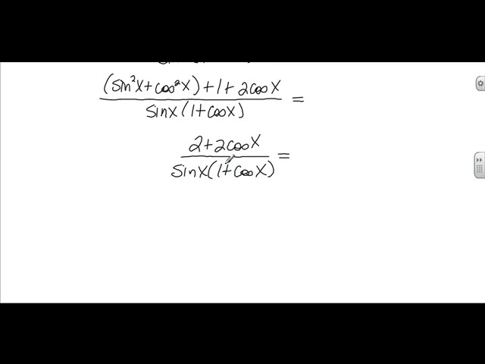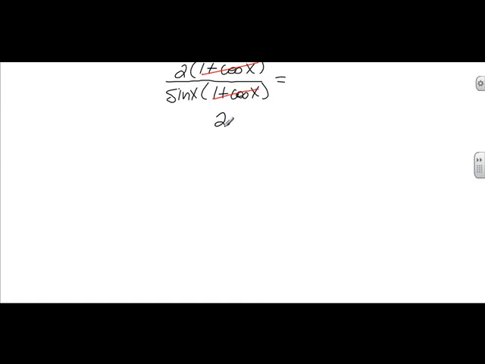So if you factor that out, now you can reduce, leaving you with 2 over sine of x, which is 2 times the cosecant of x, which is what we needed it to be.